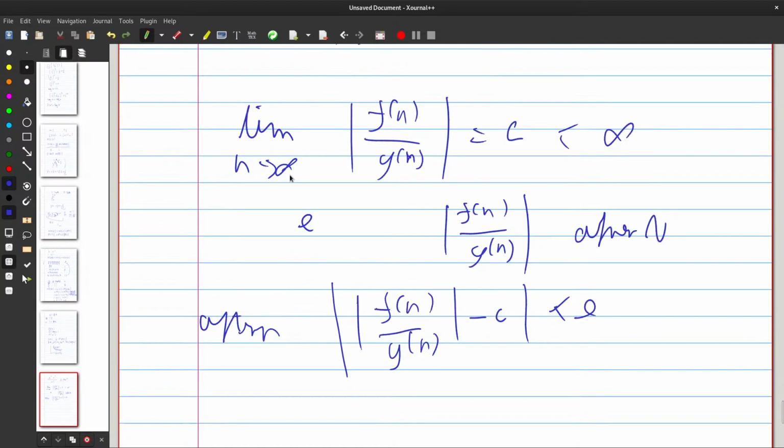So after a certain number of steps, we eventually end up within any error bound you can name of c. You name me the error bound, I can name you an n where it will be within that.